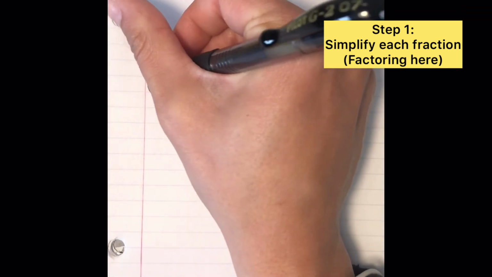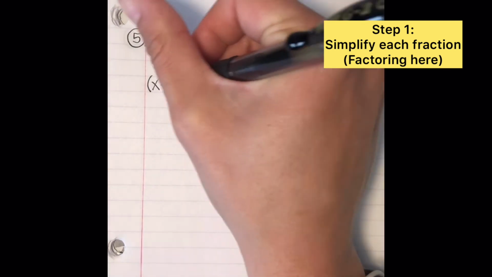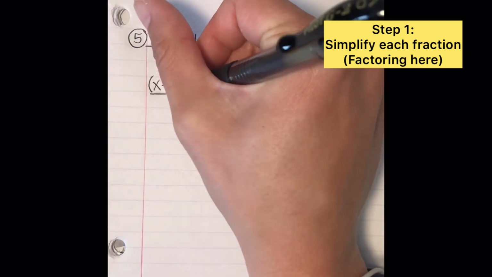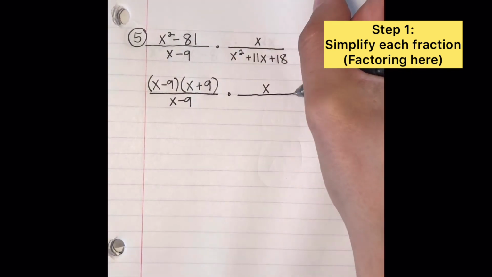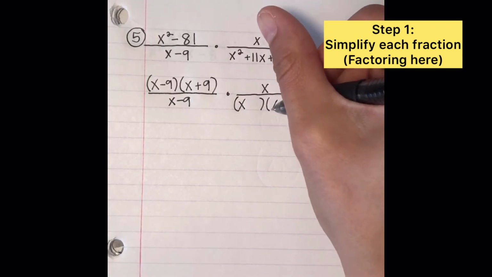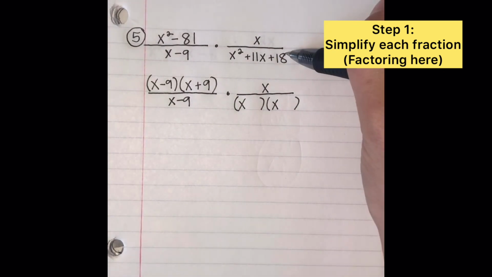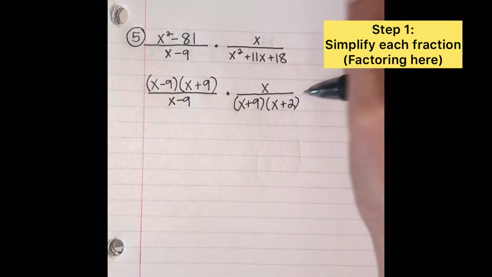We're going to have x times x, minus 9 plus 9 over x minus 9, times x over 2 parentheses x times x. We need to multiply to 18, add to 11, so plus 9 plus 2.